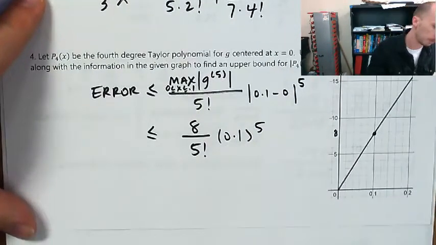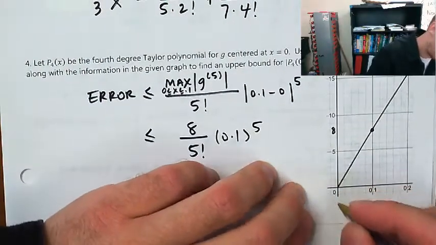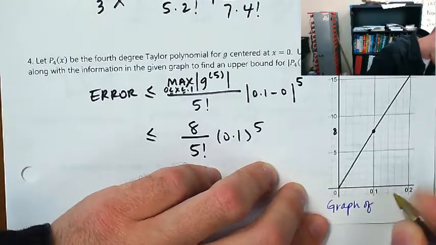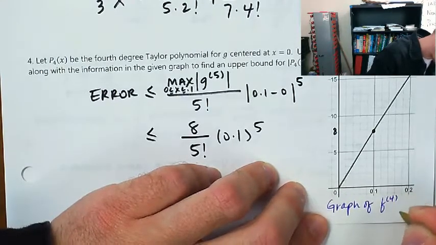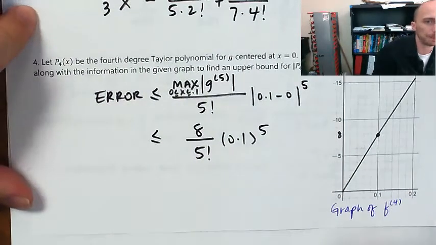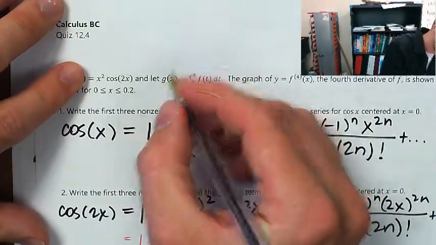I'm only 16 minutes in. This is the graph of f's fourth derivative, but I also know from up here that g prime equals f.